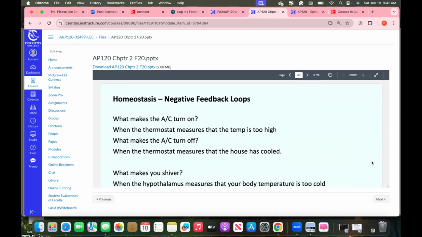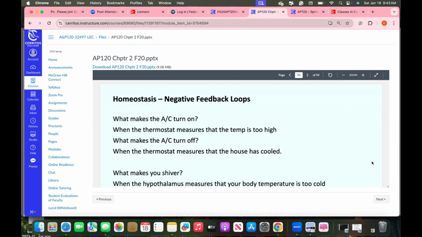Your thermostat tells you when the air temperature in the house is too high or too low, and that triggers the system to come on. So if it's too hot, let's say it's the summer, the temperature is too high, so the thermostat reads high. That triggers the AC to turn on to lower the temperature.